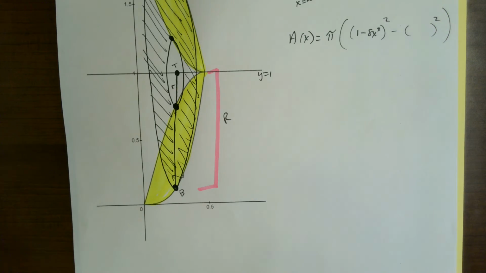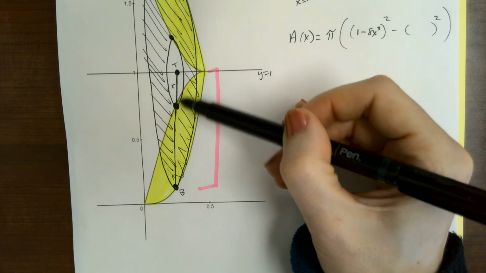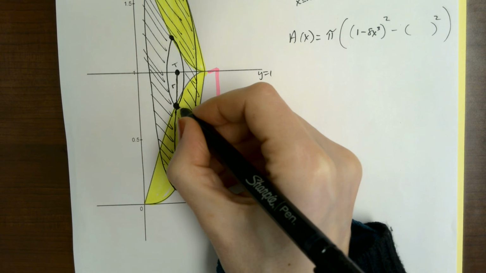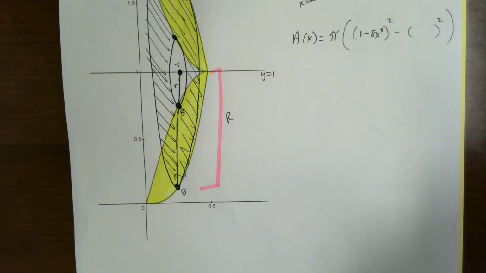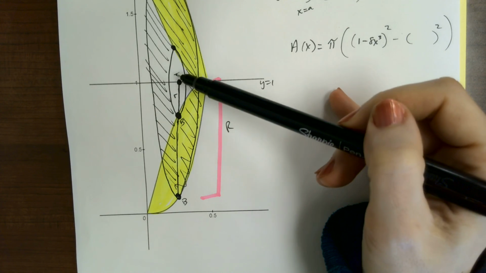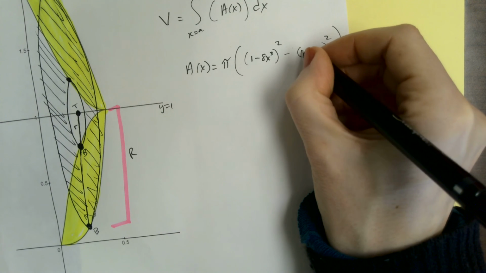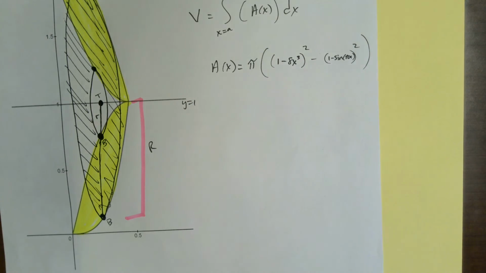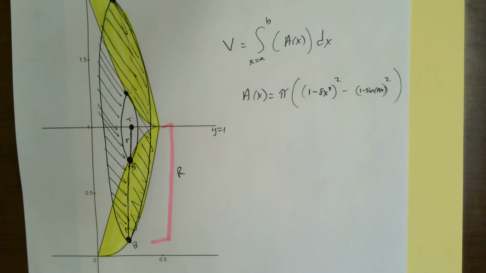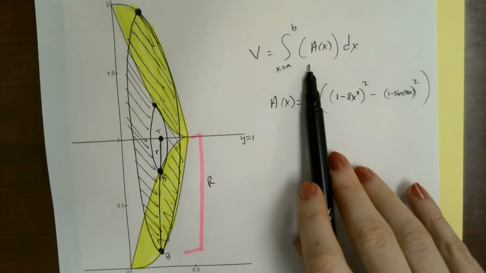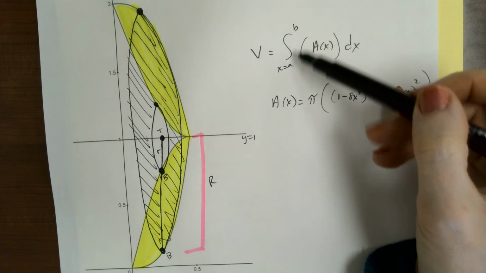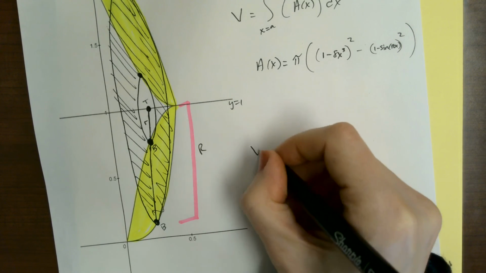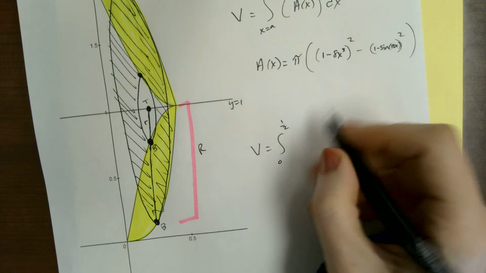And then for this little r here, top minus bottom is going to be, I'll put a b here because that's the bottom also, 1 minus sine of pi x. Okay, so that would be the area, and then you just have to put it in the integral. We're integrating with respect to x, so the endpoints are going to be from 0 to 1/2.